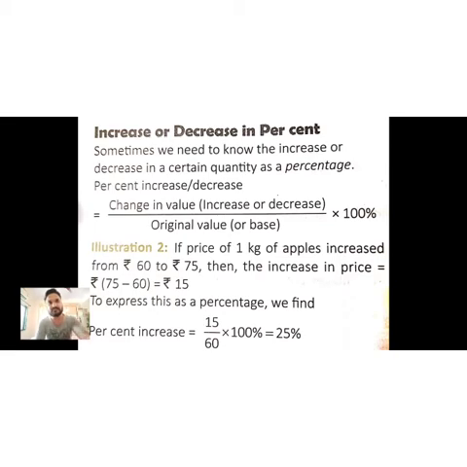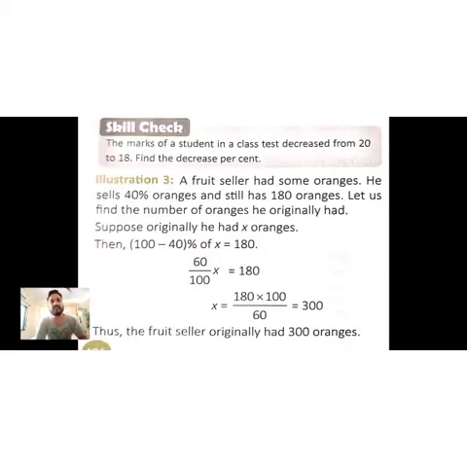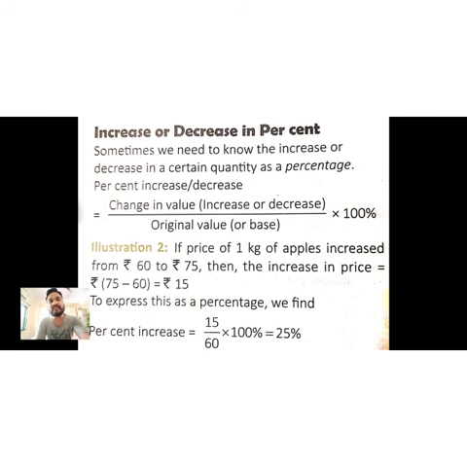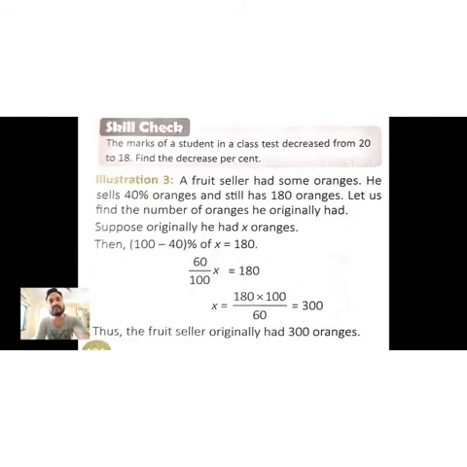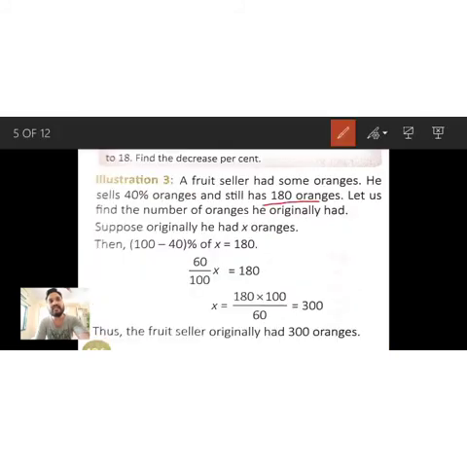Now for the next, in illustration 3, see, a fruit seller had some oranges. He sells 40% of the oranges and still has 180 oranges. Okay, how much percentage did he sell? 40% he sold, and how many does he have? 180 oranges he has.